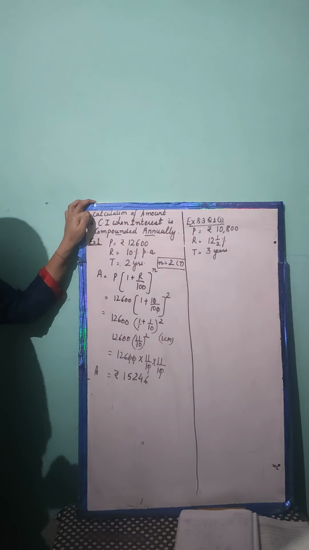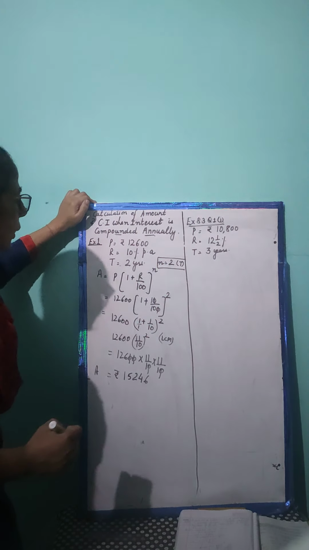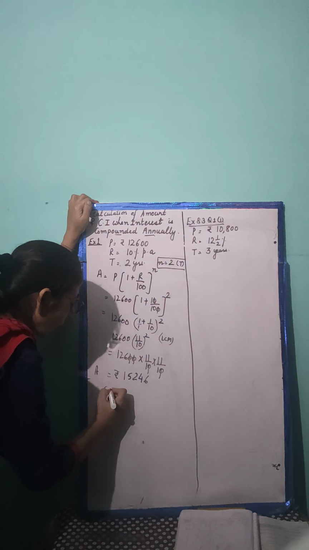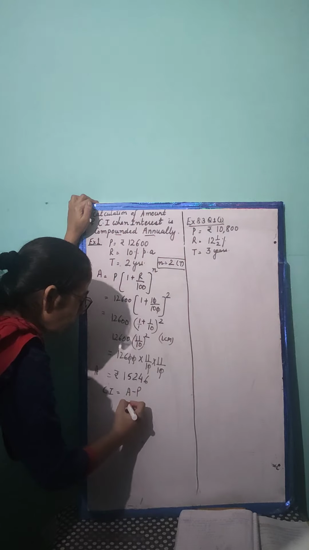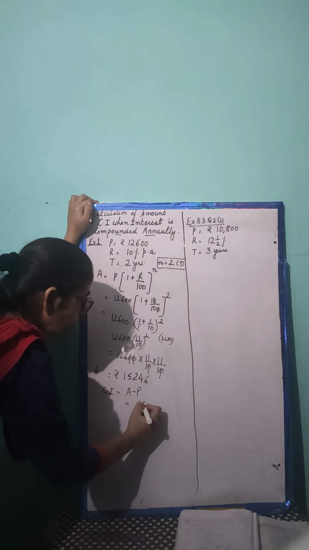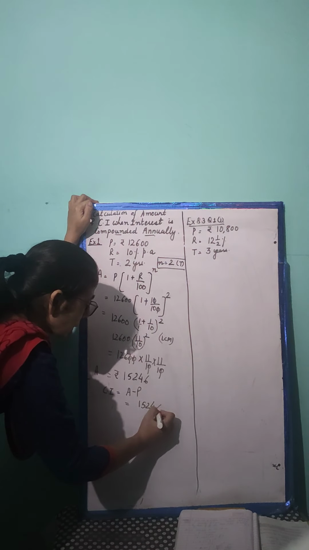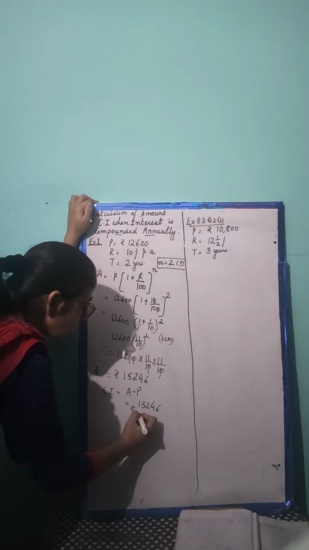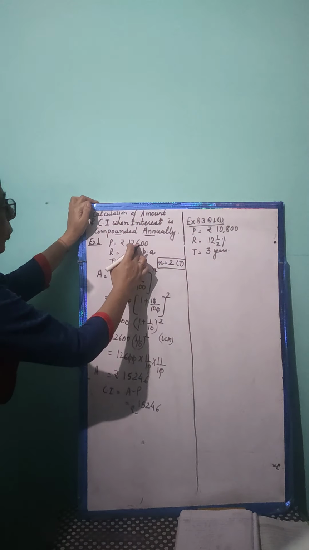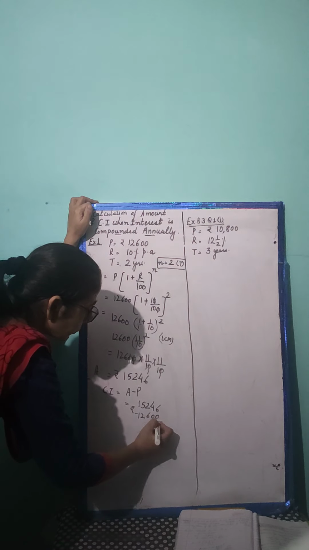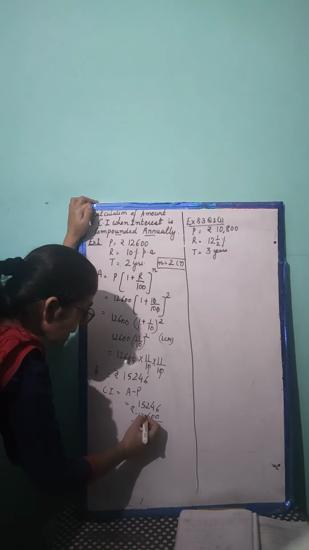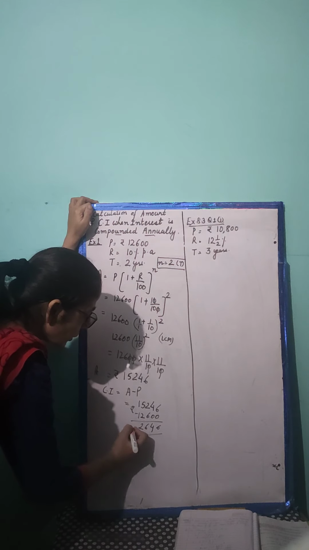If I have got the amount, how to find the compound interest? Compound interest is equal to A minus P. 15,246 rupees minus how much? 12,600. 6 minus 0, 4 minus 0, 12 minus 6 is 6, 4 minus 2 is 2.